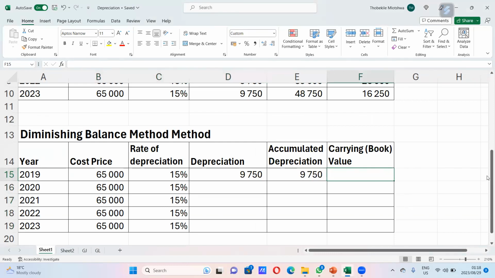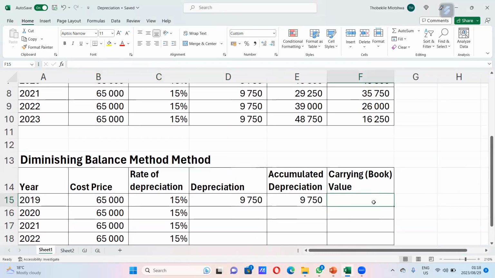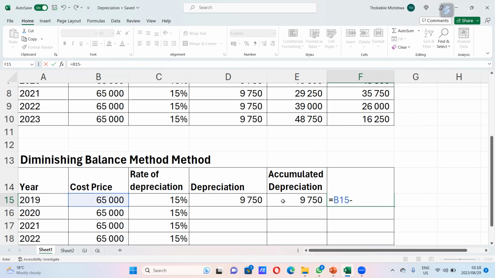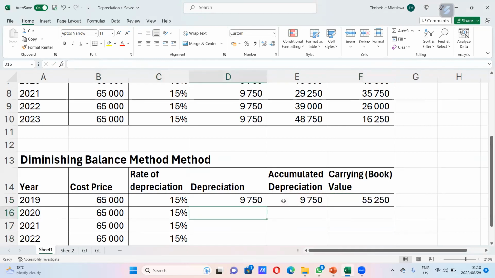And then the book value, how much the car is worth now, or the carrying value, is cost price minus accumulated depreciation. That's how you get the carrying value. Remember that the method is cost price minus accumulated.